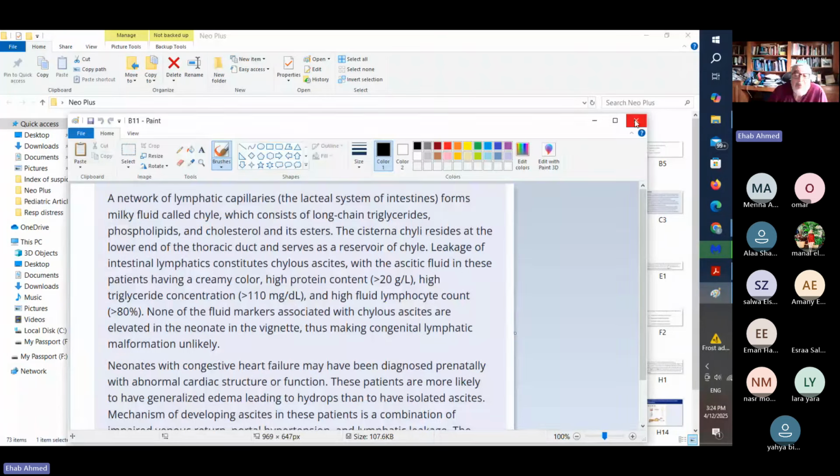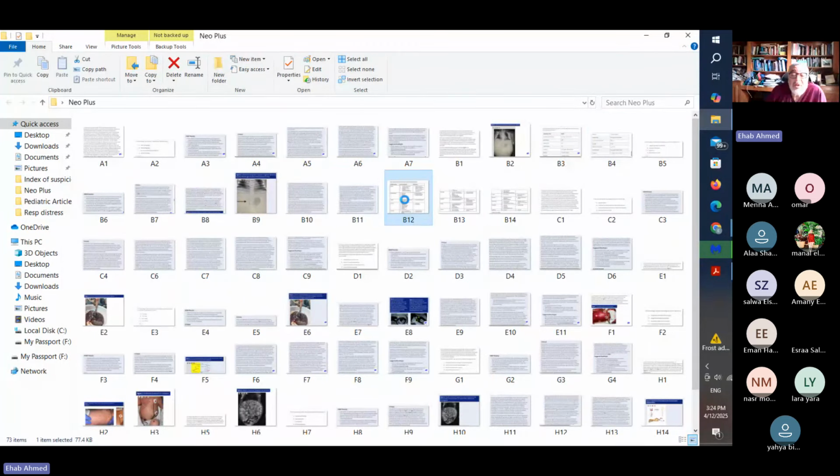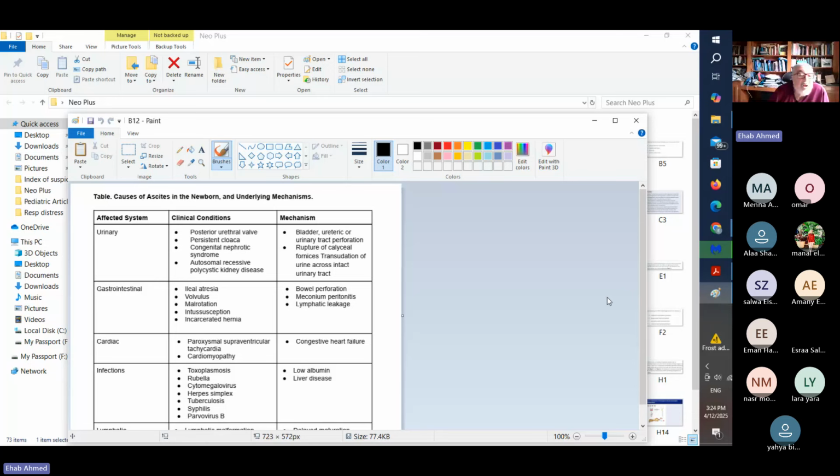And then this is the table that shows you the system, the clinical conditions and the mechanism. And you see that urinary and GI come on top of the list, but there are other causes like cardiac and infectious, with different conditions and different mechanisms.